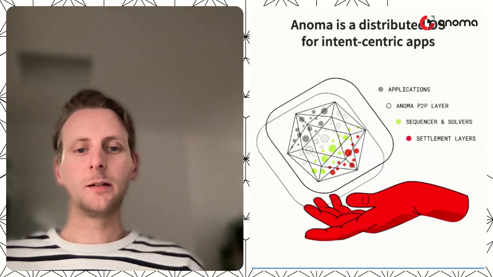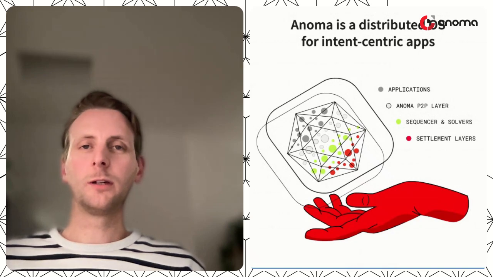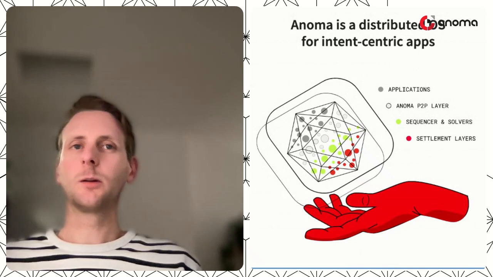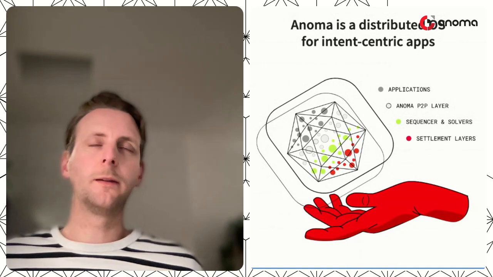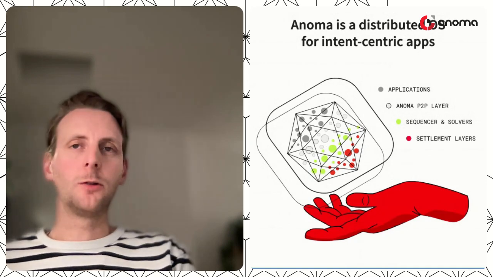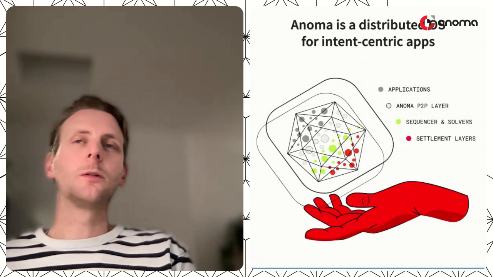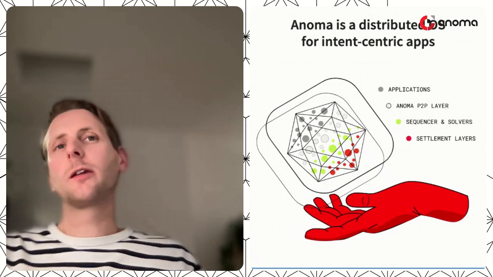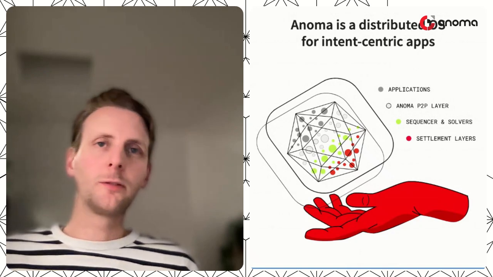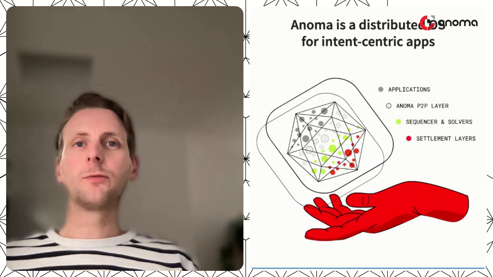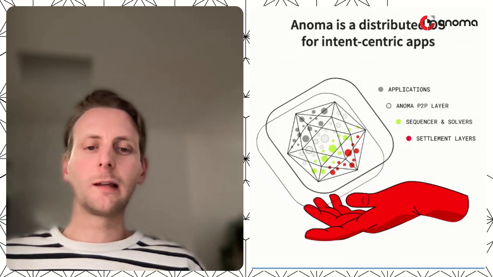We mentioned indexing, solving, and sequencing. And we also briefly touched on how resources can be created on one chain and consumed on one chain and created on another chain, so that you can have cross-chain transactions and different things happening on different settlement layers.